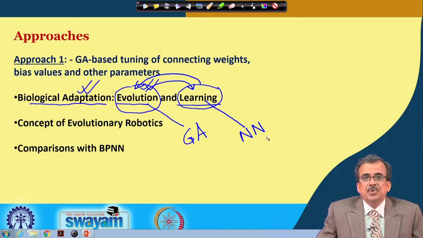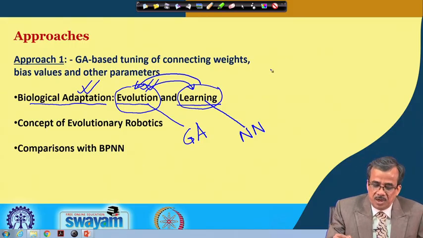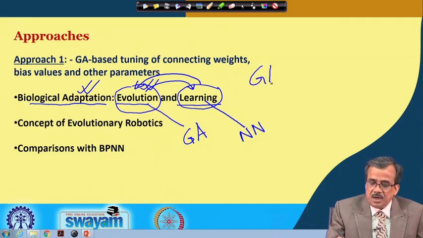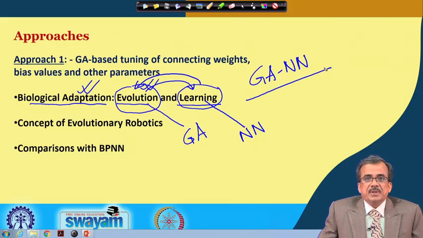We try to design and develop what is known as the combined GA neural network technique, and that is nothing but the genetic neural system.